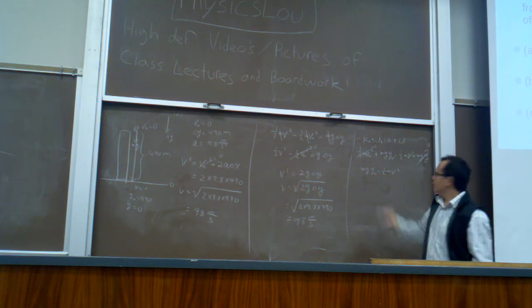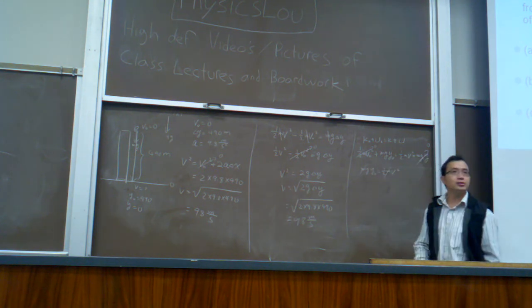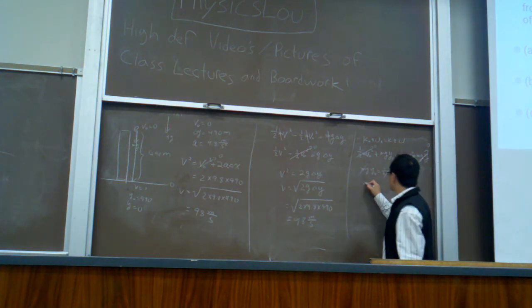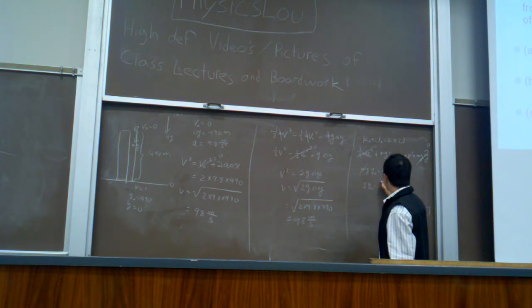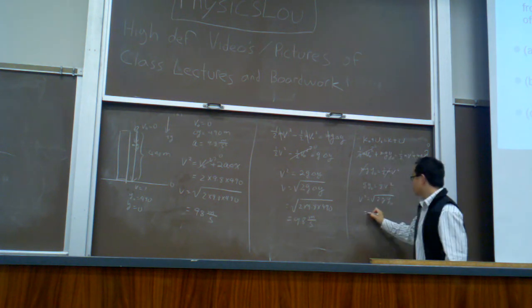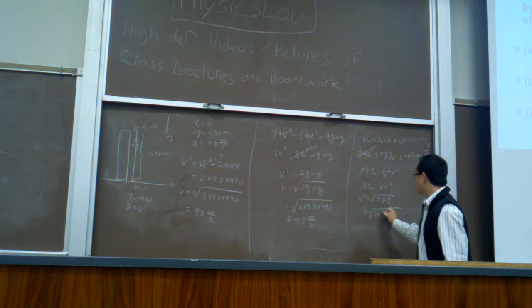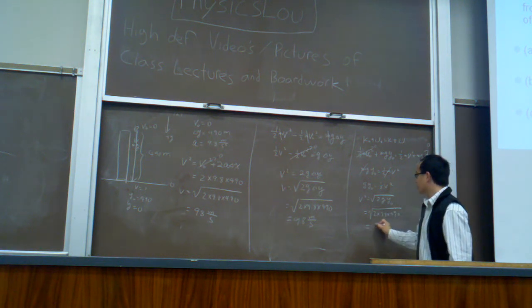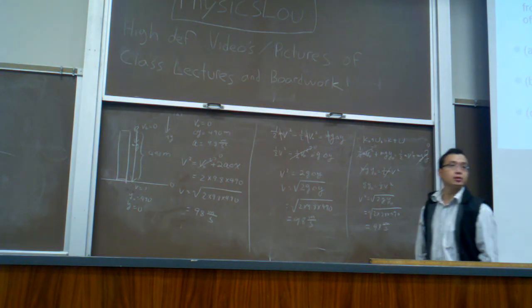Again, here mass can be cancelled. So you get g y naught equals 1/2 v squared, or v squared equals 2g y naught, so v equals the square root of 2 times 9.8 times 490 equals 98 meters per second.